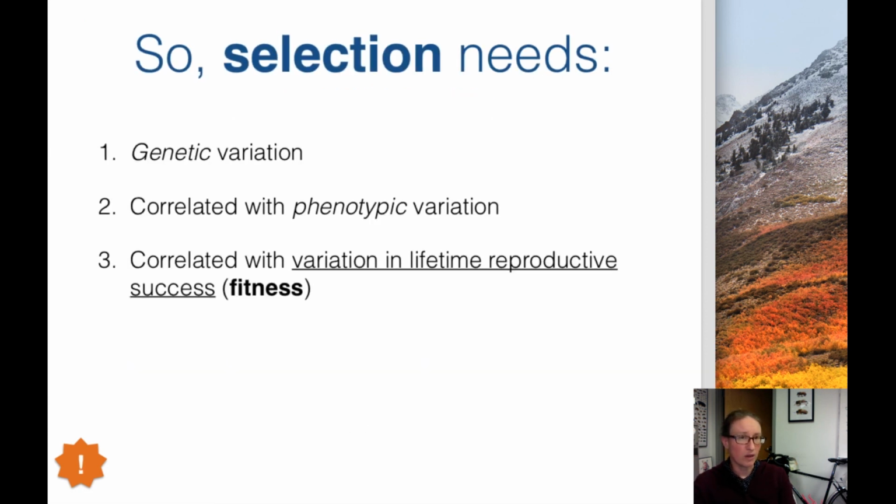So overall, for selection to happen, there has to be genetic variation in a population that's associated with phenotypic variation in that population, and that genetic and phenotypic variation must be correlated with variation in an individual's lifetime reproductive success.